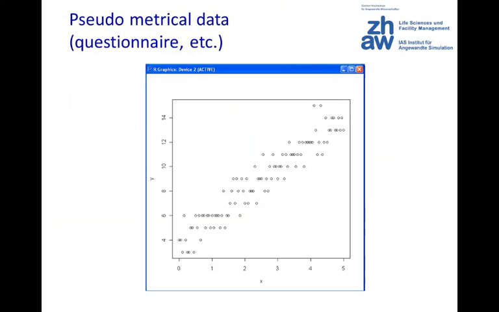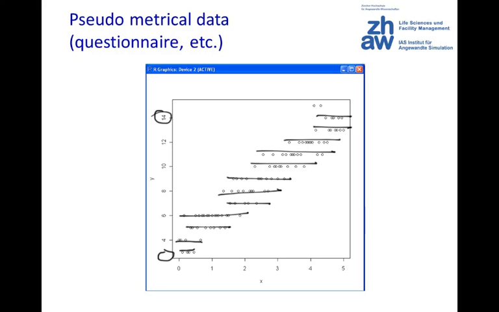Then the last example is about pseudometric data. This can be questionnaire data. You see here that you may have a scale from 1 to 14 or 15 where people can give answers, and this leads to such patterns. This is not really metric because in between there are values missing, but still you would feel rather comfortable drawing a regression line through this data, maybe along the green line.